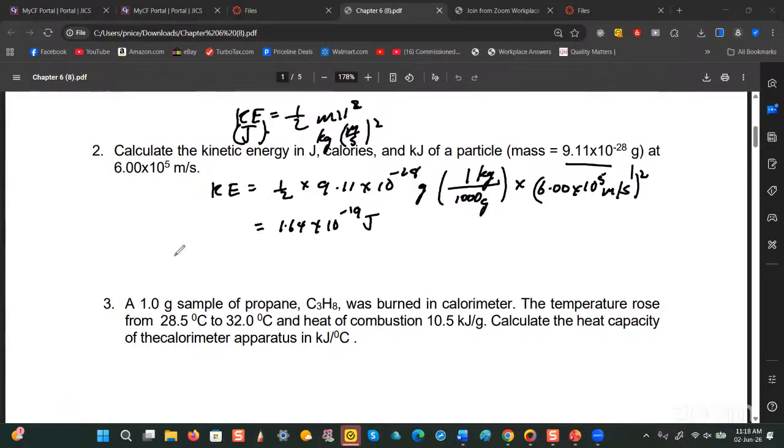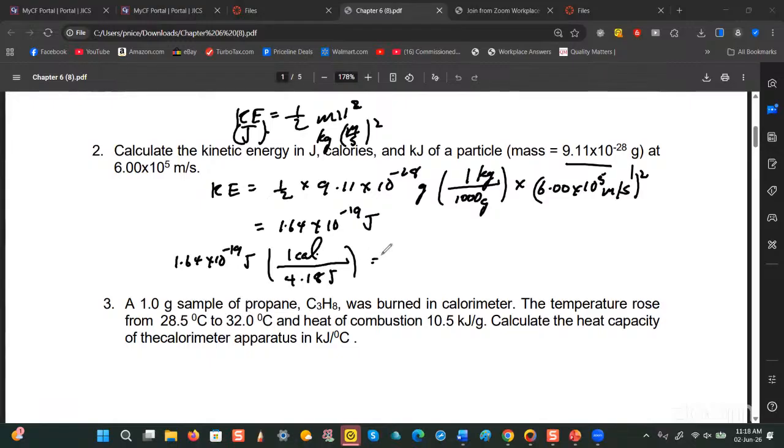The second part is asking for you to calculate the same value in calories. So I'm going to take the 1.64 times 10 to the minus 19 joules, and I'm going to multiply by 1 calorie over 4.18 joules.